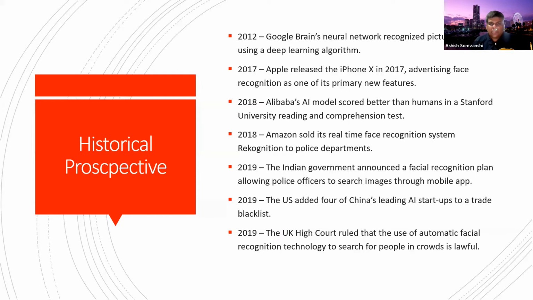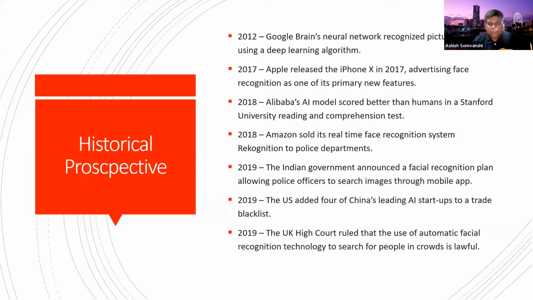Then again in 2019, the US added China's leading AI startups to a trade blacklist. All this was happening because of advances in AI, with everybody clashing over which one is better and which one harms the other for business.